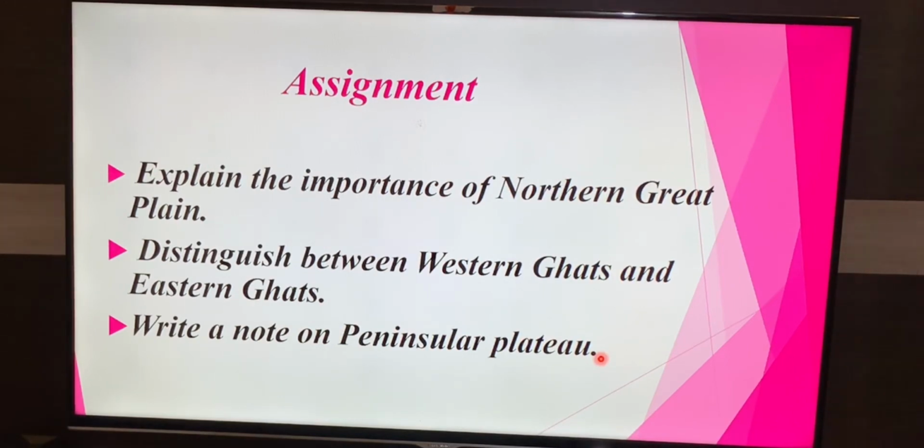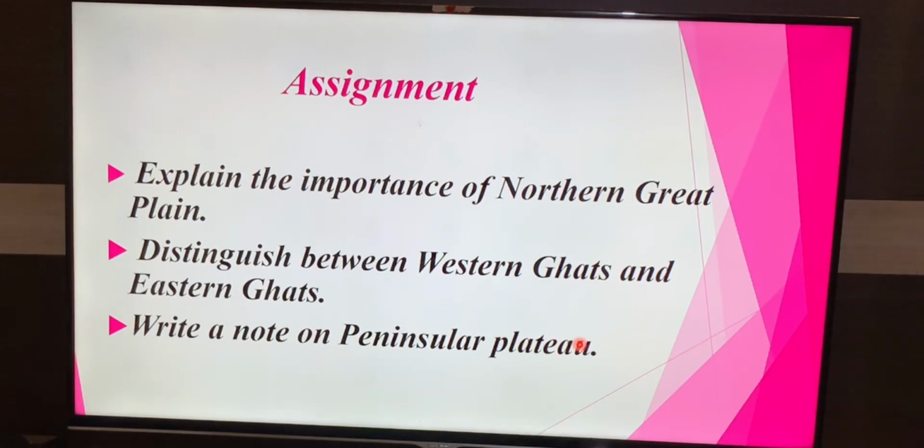It is roughly triangular in shape. It has many hills, ranges and plateaus: Aravalli, Vindhya, Western Ghats, Eastern Ghats, Chota Nagpur, Deccan Plateau and Malwa Plateau.